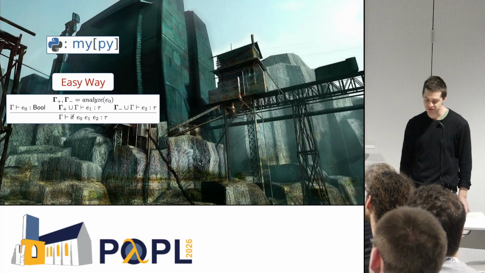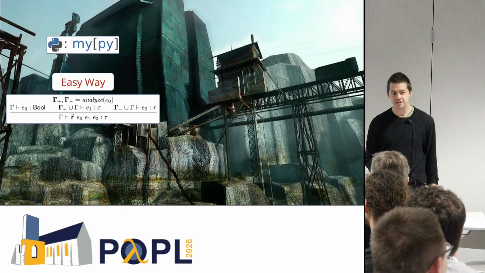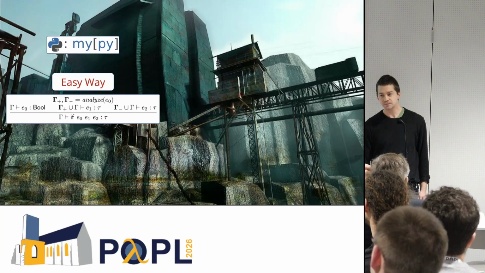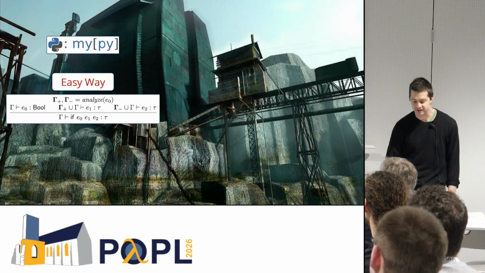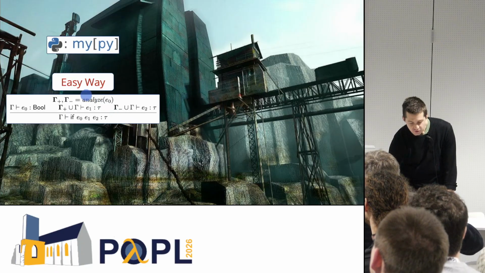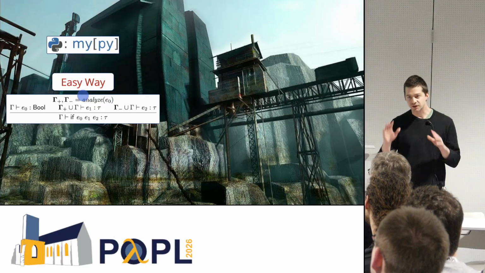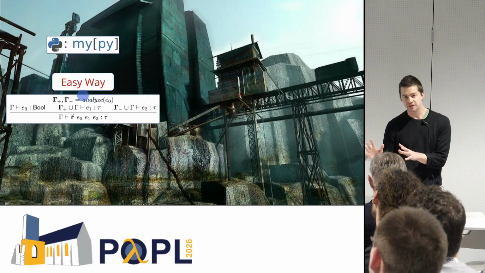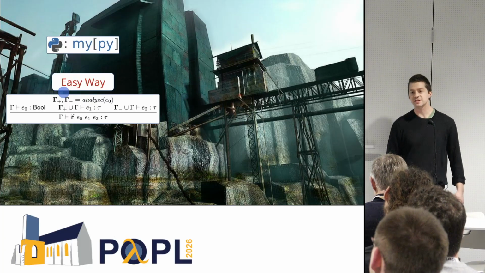So easy way first. It could not be any easier than this. Take the type system that you have, take the type checker that you've implemented, look at the rule for typing if, and add one meta function to that rule. Before we start type checking the branches, we want to analyze the code that's right there for the conditional test. What we're going to get out of that is 2 refinements of the type environment.